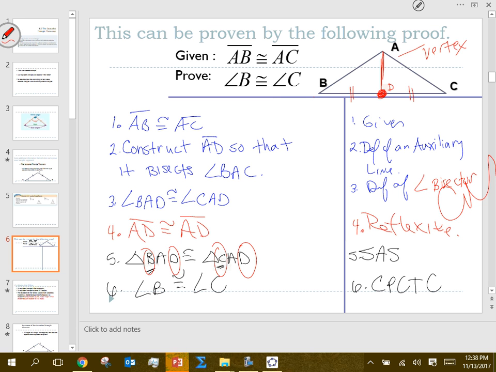Okay. Here's another question. What do you know that maybe this blue angle here and that green angle right there, what do you know them to be to one another? What's the relationship between them? They're supplementary. Okay, they're a linear pair, right?